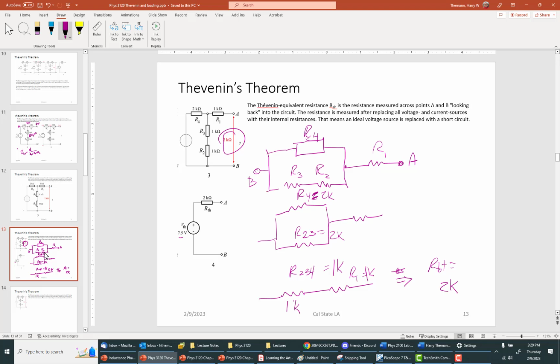So again, it's not a lot different than what we already know, but it's just a little more formalized now. Once you attach a load to this circuit, R1 becomes a factor. It's not surprising, I hope.